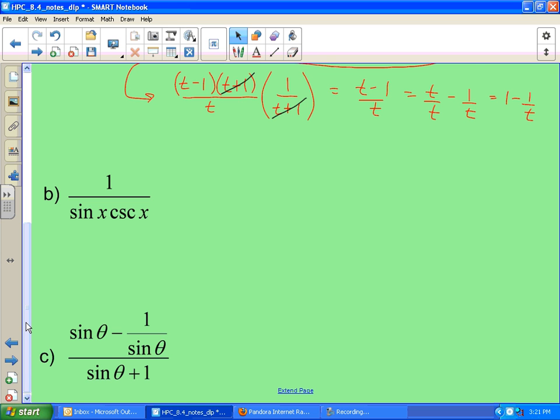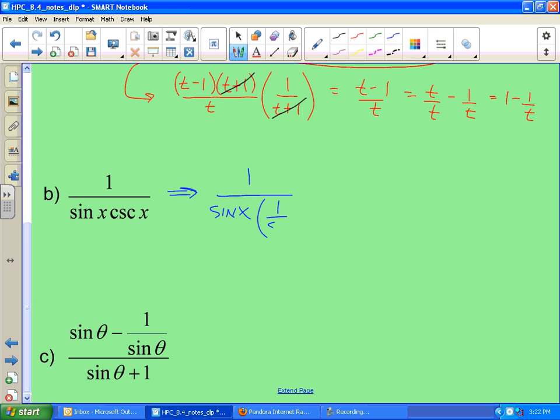Another way is, as in the case here for b, we don't see any Pythagorean identity. But what we do have is just a sine and a cosecant. So the other thing is to generically approach these problems. Maybe you want to just try and make everything in terms of sine and cosine. So if we do that, I have a 1, and we're going to keep sine x as sine x, but a cosecant, remember, is 1 over sine x.